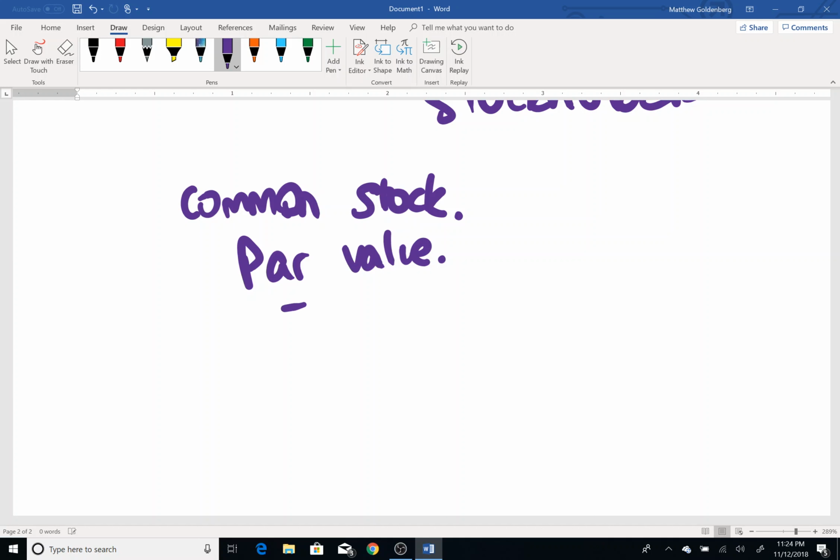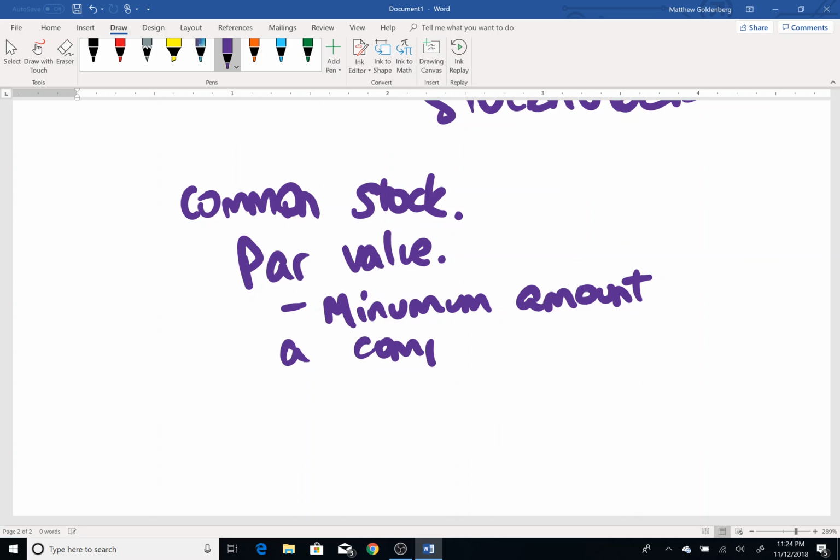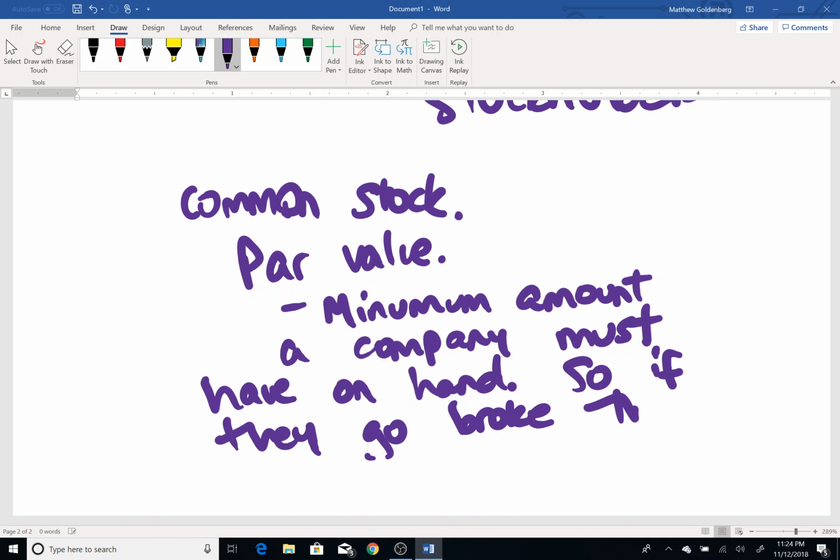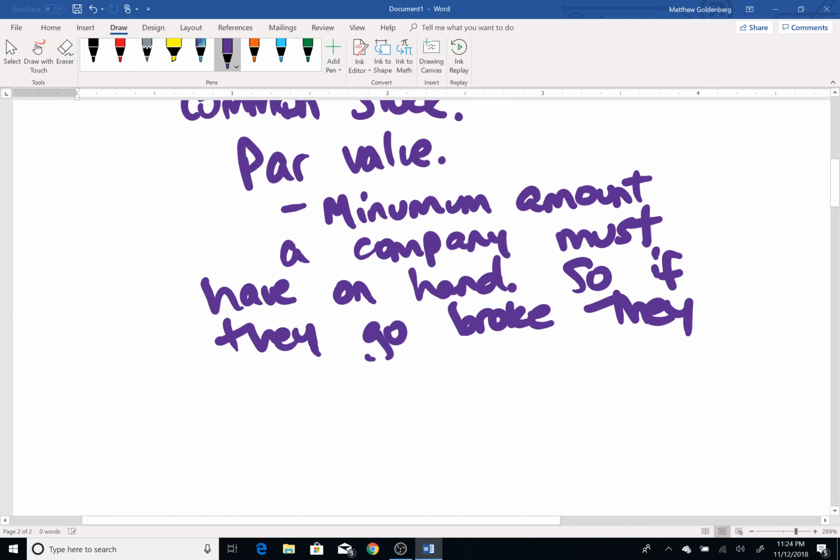This is defined by the minimum amount a company must have on hand, so if they go broke, they can pay stockholders.